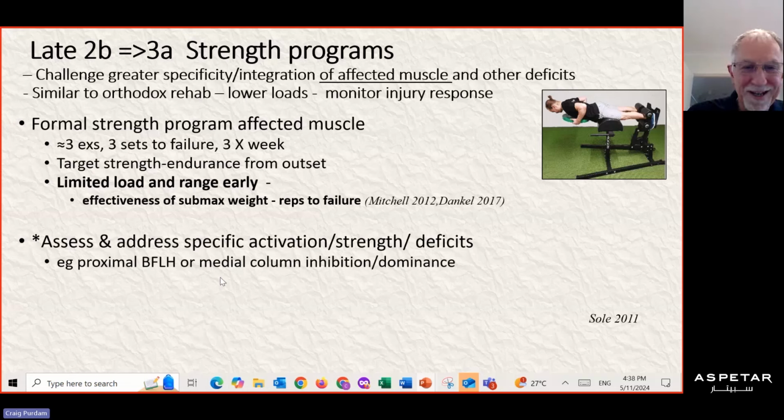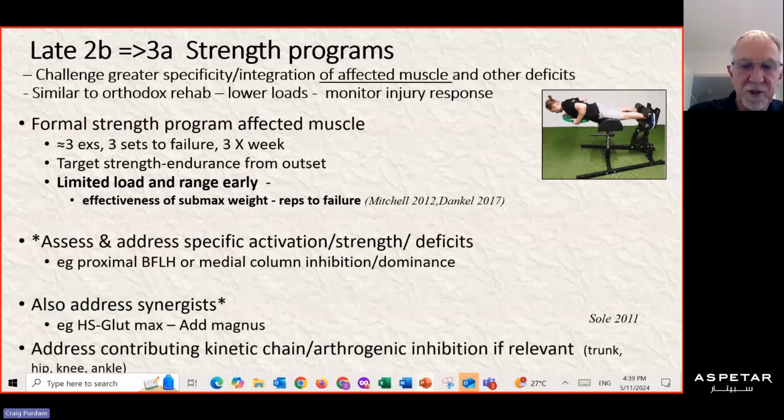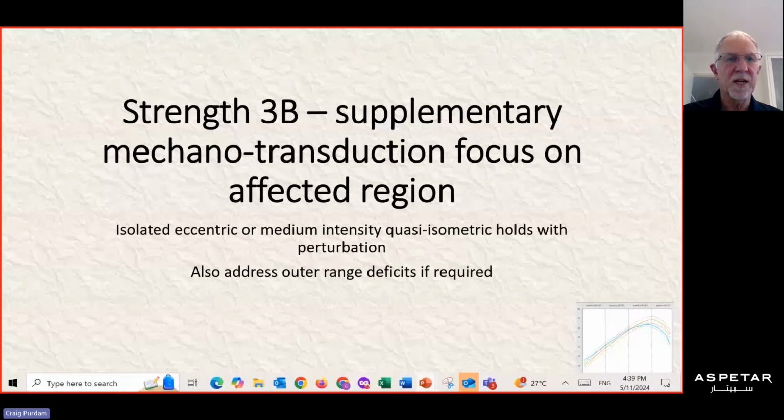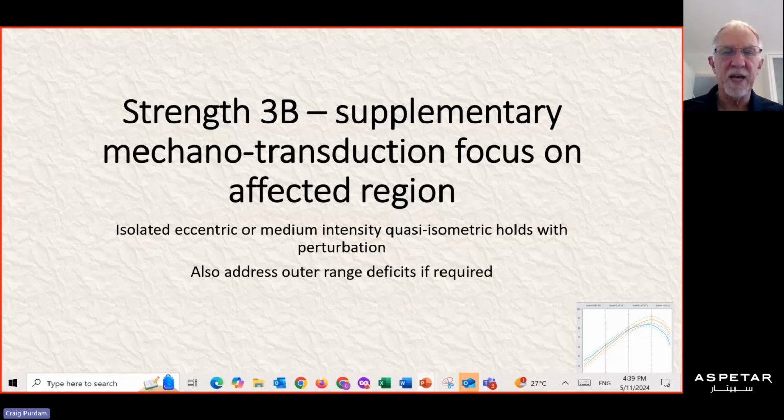Similarly, what better person than Ender to be talking about the kinetic chain, the synergists, and other muscles as well. Of course, arthrogenic inhibition becomes relevant to us and is something else to be considered. The other point I want to make, as it particularly relates to this connective tissue, is some form of supplementary mechanotransduction focus on the particular region.